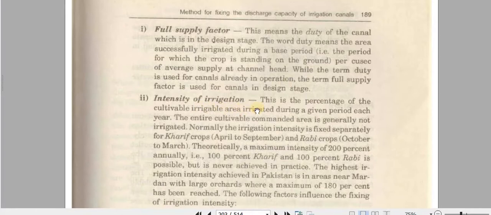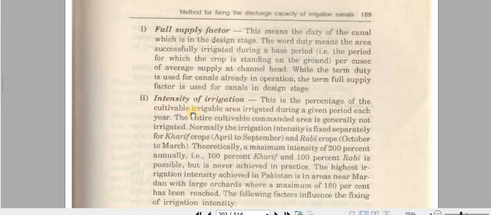The second one is intensity of irrigation. This is the percentage of cultivated area. For example, if we have 80,000 acre and 80% is cultivated area, then 80,000 multiplied by 0.8, 64,000 acre will be cultivated.